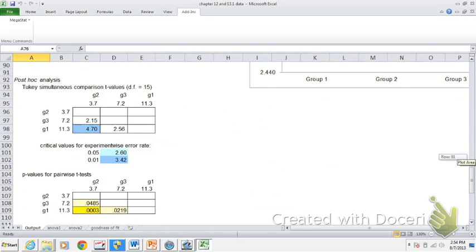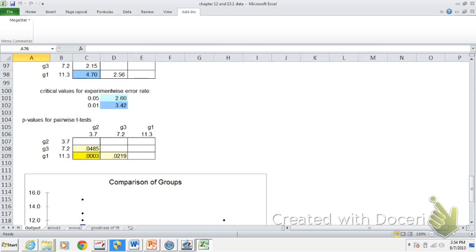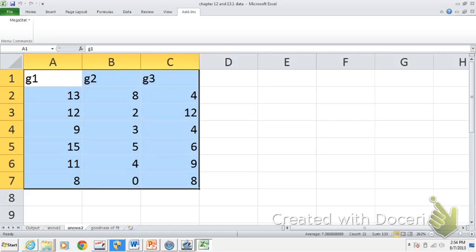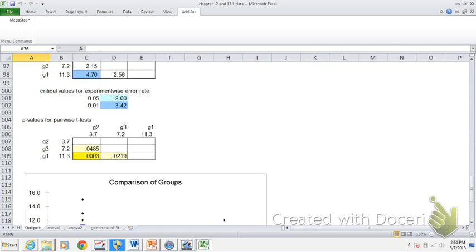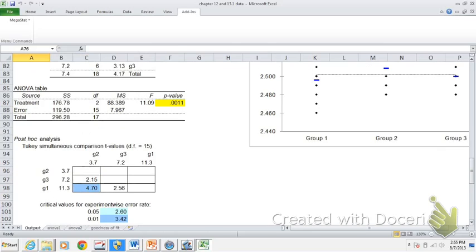In case you are wondering about that, you'll notice it 1, 2, 3, 4, 5, 6. 6 times 3 is 18 total observations. But if you take 18 minus the 3 groups, 18 minus 3 is 15. So that's where the degrees of freedom were coming from for that error.